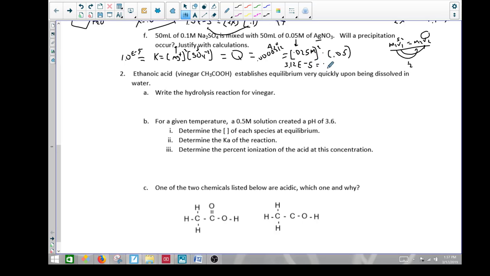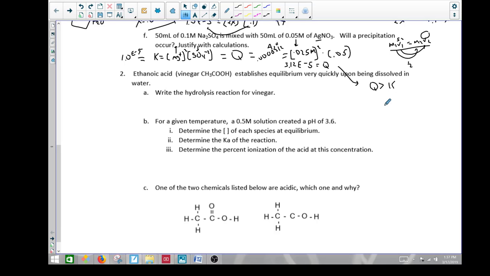That's my Q value. So they'll have 1 point for getting your concentrations, 1 point for generating your Q, and 1 point for making a Q to K analysis and giving an answer. In this case, Q is bigger than my K.